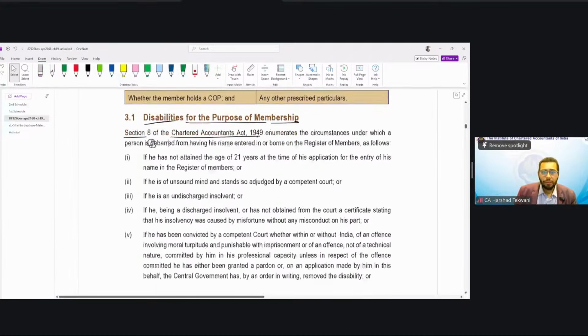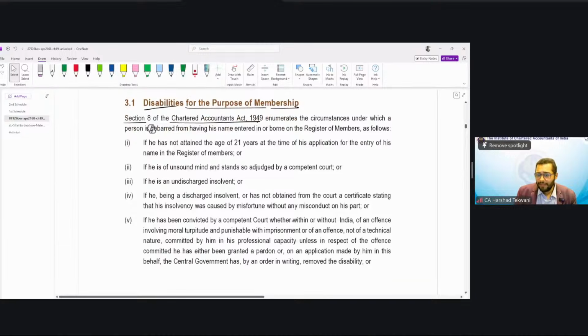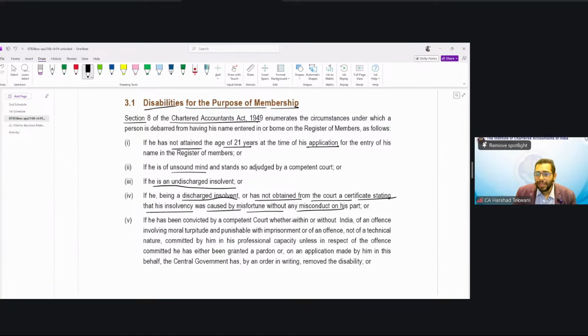One, not attained the age of 21 years at the time of application. He is of unsound mind. He is an undischarged insolvent. He is a discharged insolvent but has not obtained from the court a certificate stating that his insolvency was caused by misfortune without any misconduct on his part. So either he is an undischarged insolvent or he has been discharged but has not obtained the certificate.